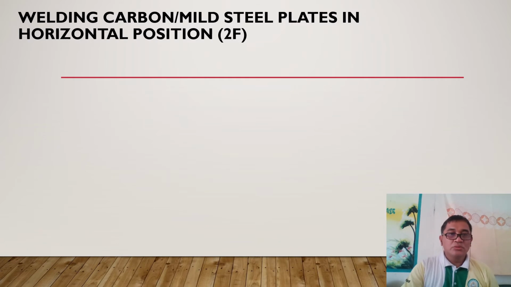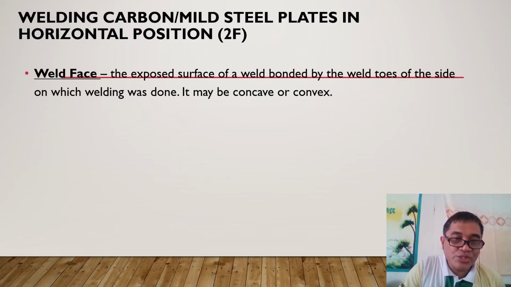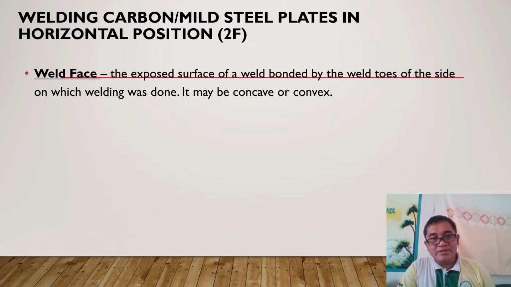Okay, so the definitions of those welding profiles are the following. Number one, we have the weld face. The weld face is the exposed surface of a weld bounded by the weld toes on the side on which welding was done, and it may be concave or convex. The weld face is at the center, and on both sides we call these the weld toes.